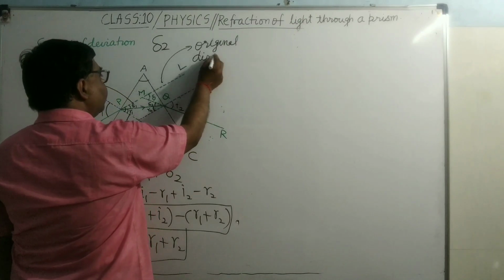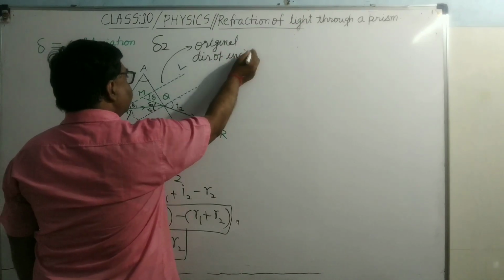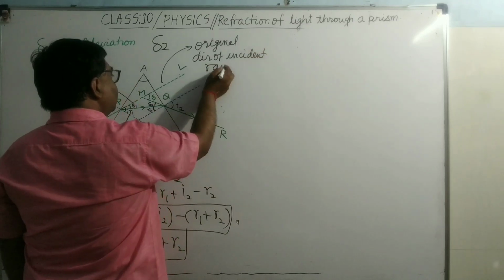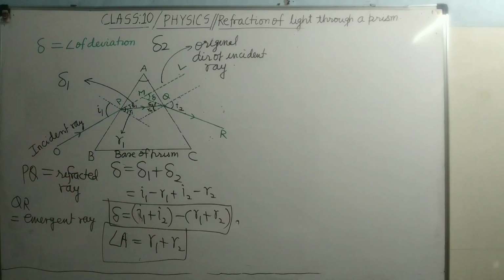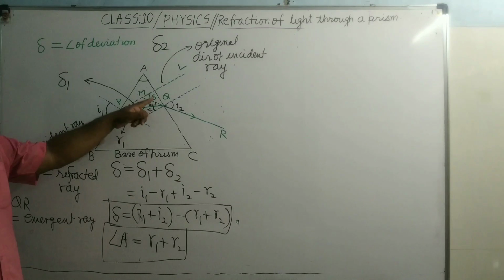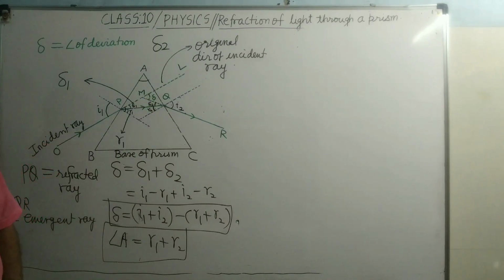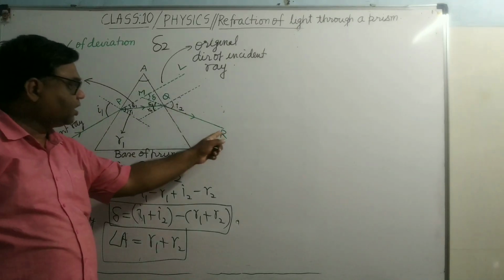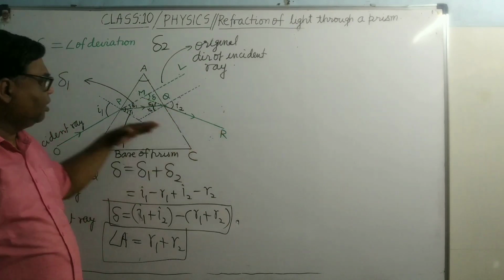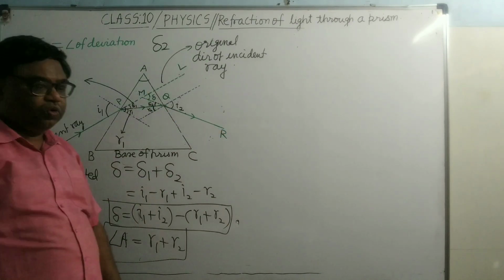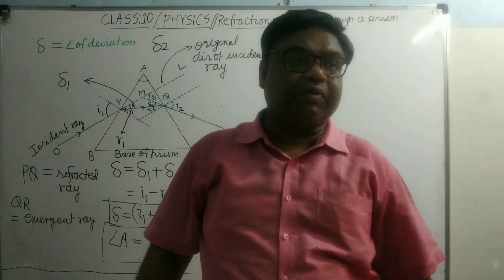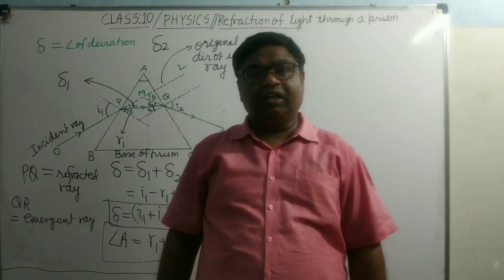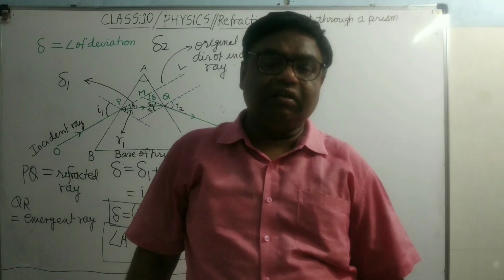This MR is making an angle from the original direction. That angle is known as the angle of deviation.